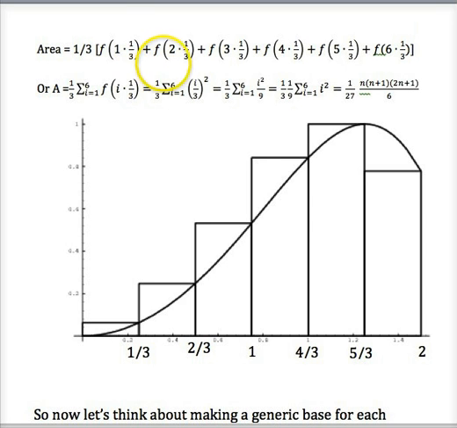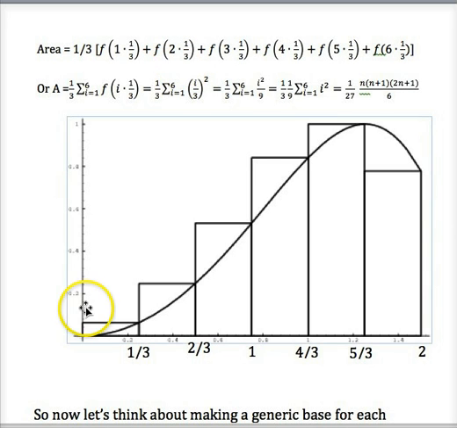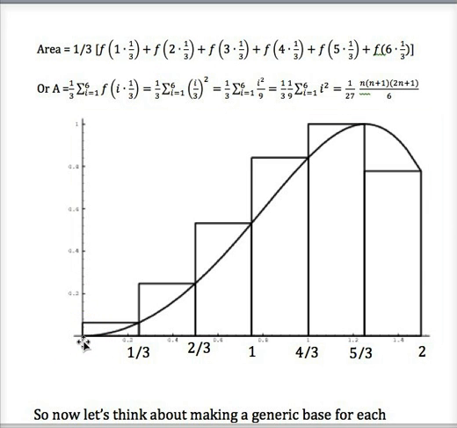The height of the second rectangle is when I stick 2 units of 1/3 into my function. So if you go down here, the second rectangle's height is 1, 2, 1/3 units. And that's what this is supposed to represent here. The third rectangle, we're going to go over 3 1/3 units.